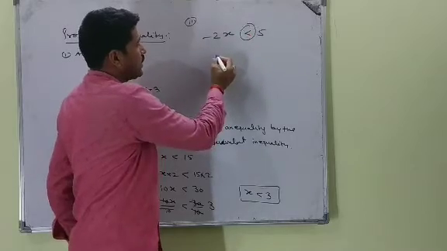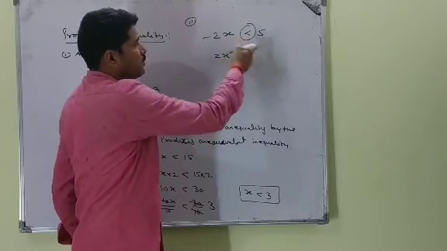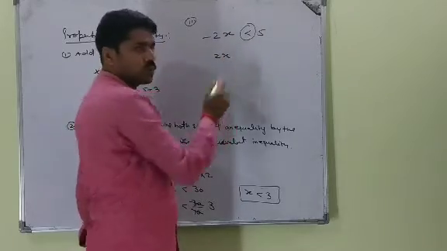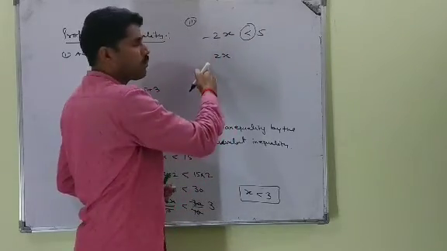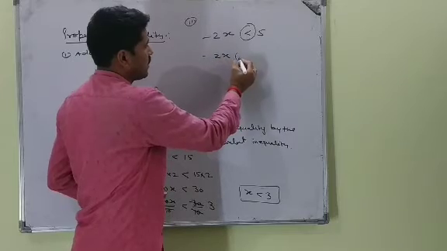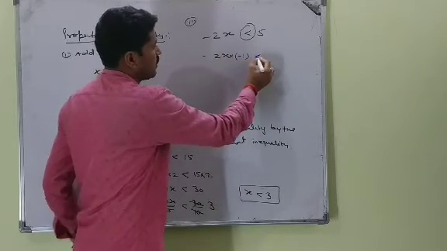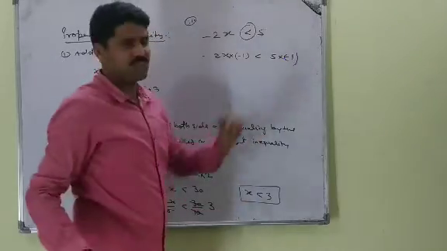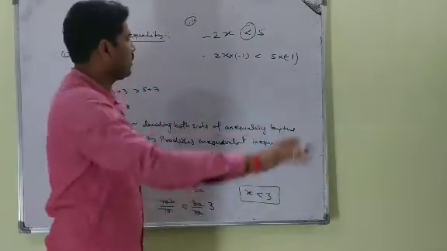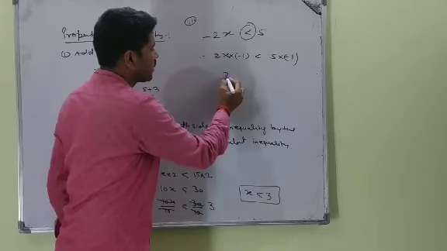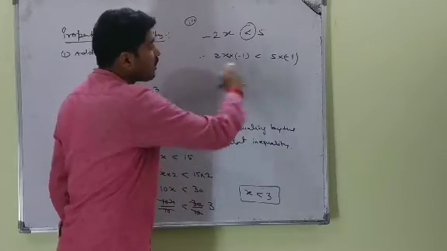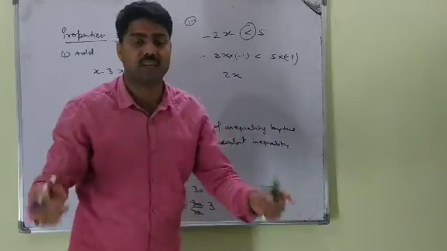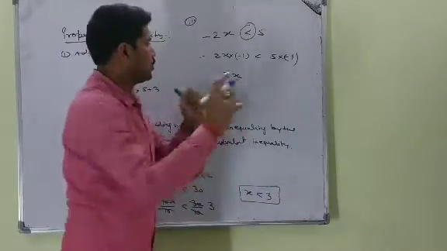For example, if we multiply both sides by minus 1, what do we get? Minus becomes positive, like this, 5 into minus 1. Usually we will not write minus 1 in proper form. Directly we do it. So minus becomes plus 2x. And when we multiply or divide both sides by a negative number, the inequality sign will change.